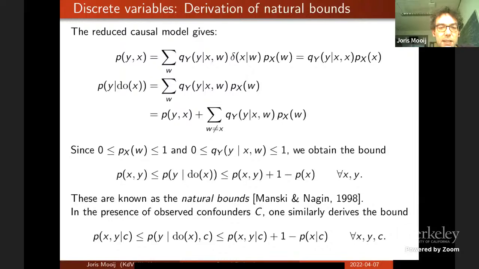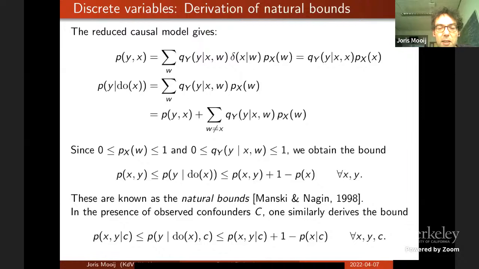We can split it into one term where w equals x, and the remaining w's that are unequal to x. The term where w equals x is actually the same one that ends up in the observational joint density of x and y.